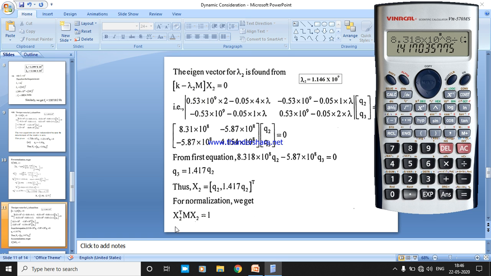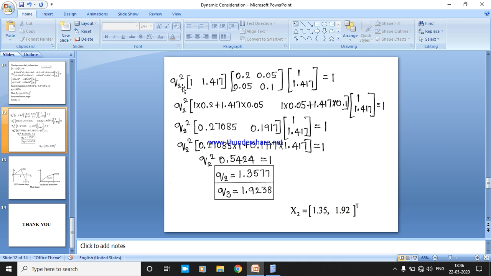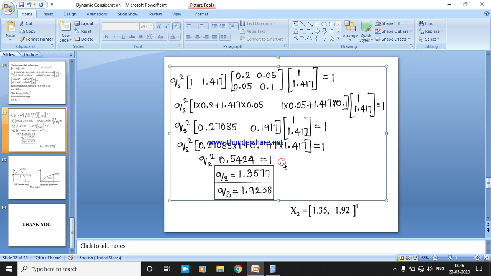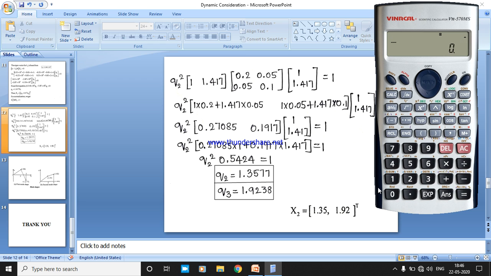So for normalizing, x2 transpose m x2 is equal to 1. Same thing, I have multiplied directly, I took q2 square common there. So I got this matrix. When I multiply these two, I got this matrix, and when I multiply these two matrices, I got 0.5424 q2 square is equal to 1. So finally q2 value is 1 divided by the square root of 0.5424.